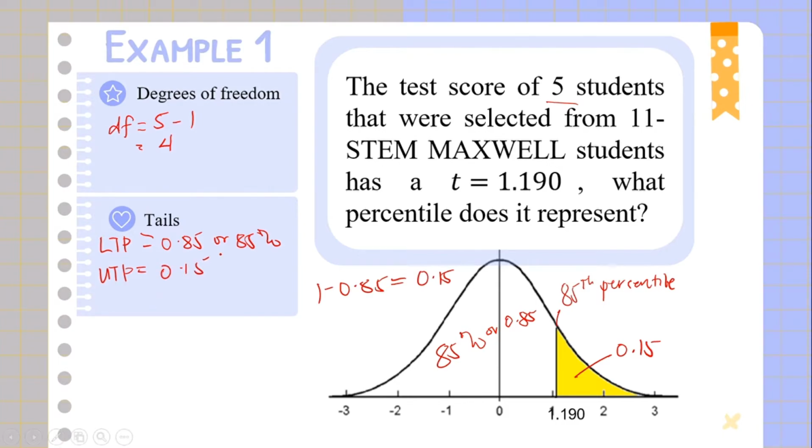So, anong ibig sabihin ng percentile na ito? So, since the test score is 85th percentile, it means that the 5 students scored better than 85% of all the 11 STEM Maxwell students.